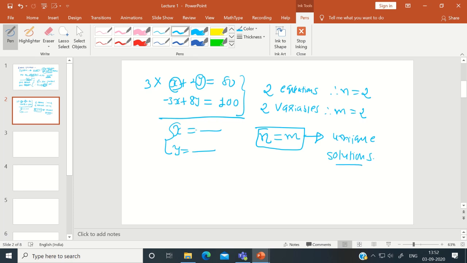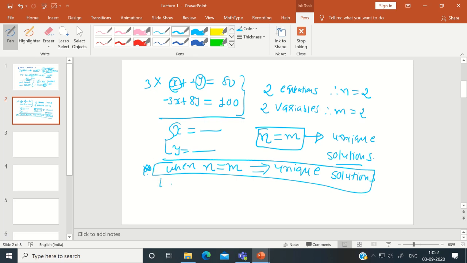From this we will define one rule: when the number of variables is equal to the number of equations, we obtain the unique solution of the variables.